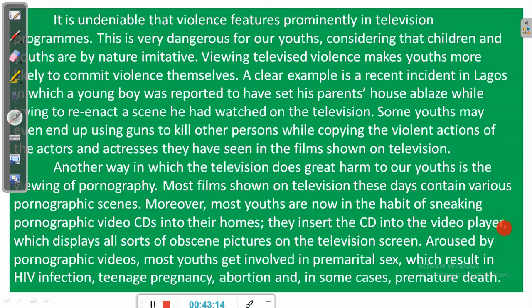They insert the CD into the video player, which displays all sorts of obscene pictures on the television screen. Aroused by pornographic videos, most youths get involved in premarital sex, which results in HIV infection, teenage pregnancy, abortion, and in some cases, premature death. You see, you are highlighting the ways in which the television becomes harmful to the youths, all right?